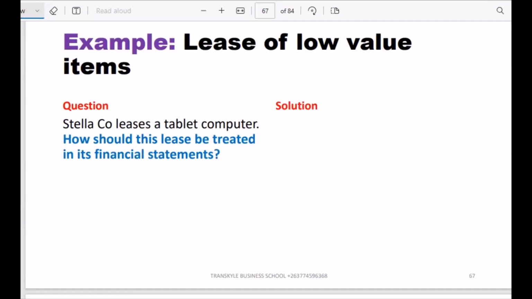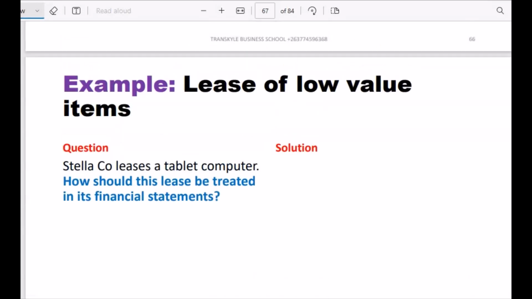Now, what about leases of low value? Stella Call leases a tablet computer. How should this be treated in its financial statements? Now, we said that for these low value items or leases of less than 12 months, the entity can opt, right, to expense those expenses to the statement of profit or loss. So this is a low value item.